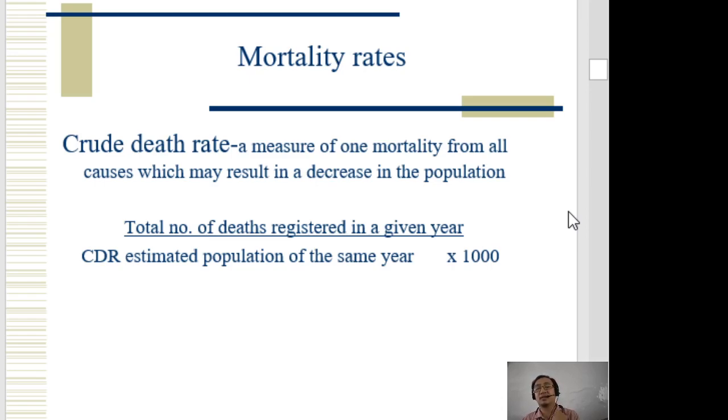Crude death rate is affected by the age and sex of a population, environmental and occupational conditions, and also peace and order. So these things affect crude death rate, but not limited to.